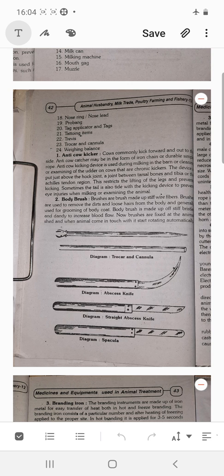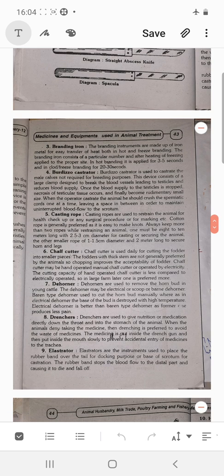Okay, next is branding iron. The branding iron instruments are made of iron metal for easy transfer of heat in both hot and freeze branding.